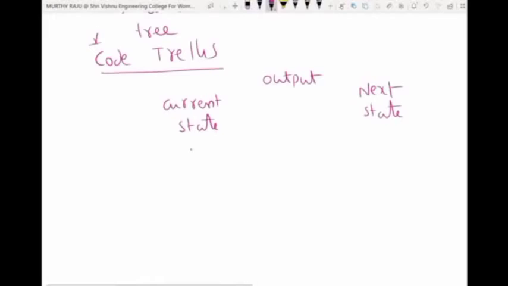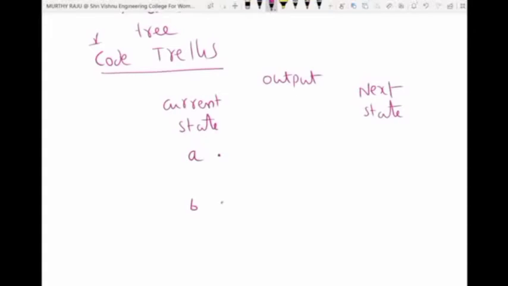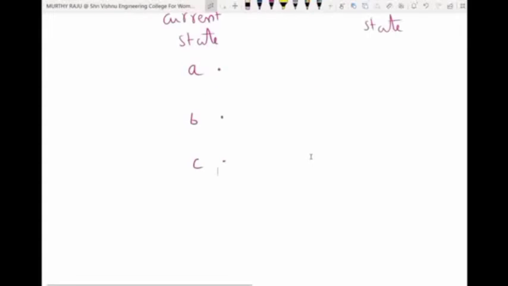This is the current state: A, B, C, one is B state, one is C state, D state.